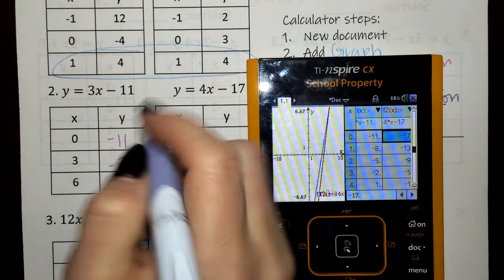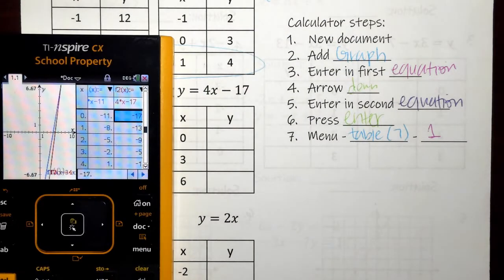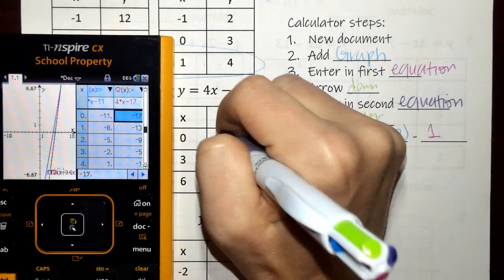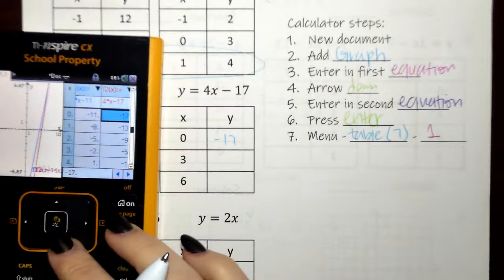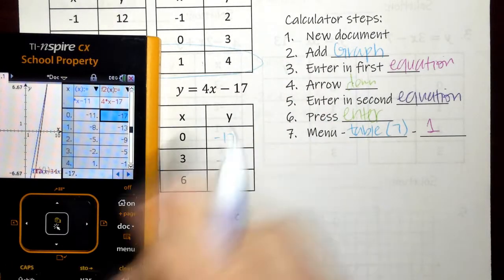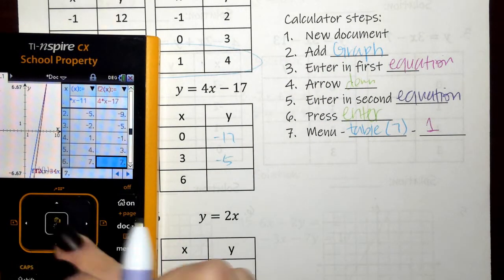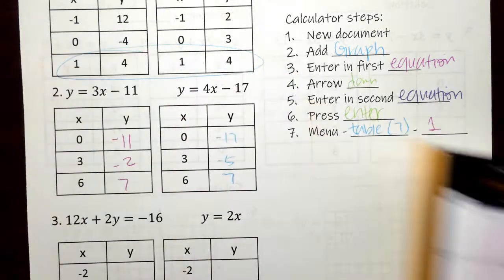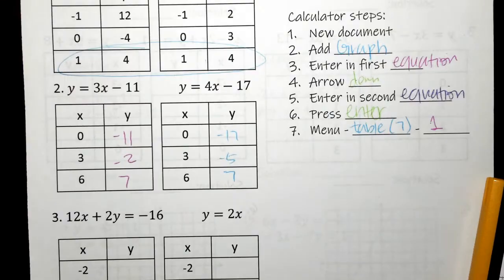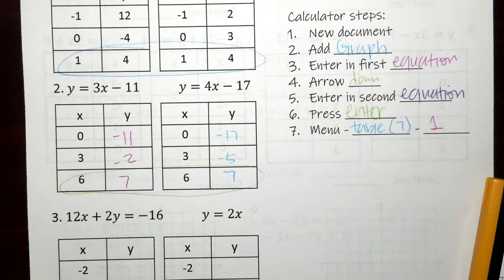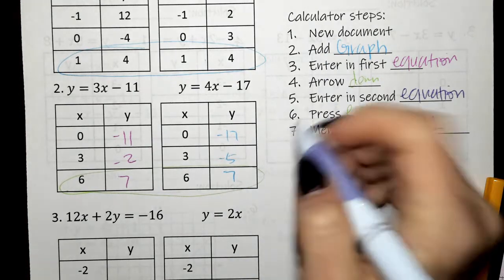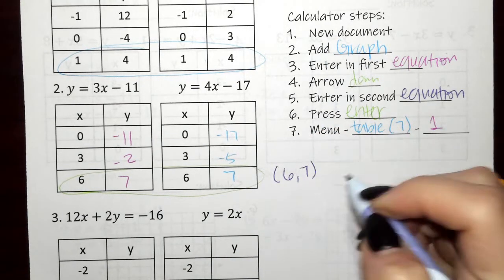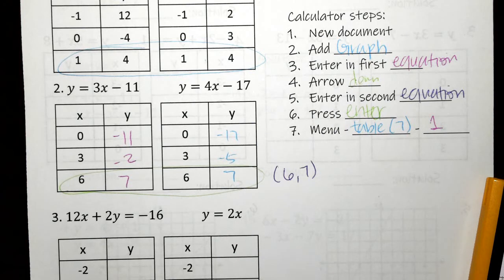For the second equation, we've got negative 17, negative 5, and 6 is 7. Then we can see where the value is the same right here. So my solution here is 6, 7. My x value is 6, my y value is 7.